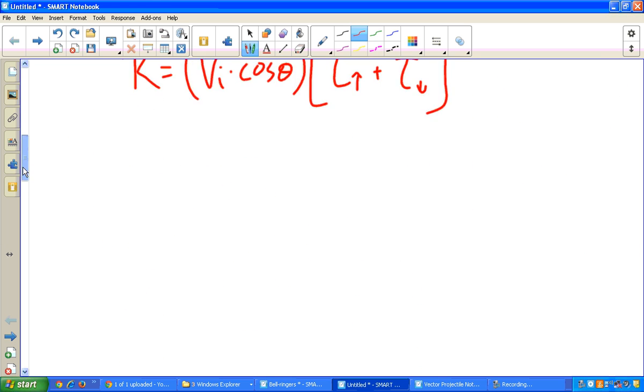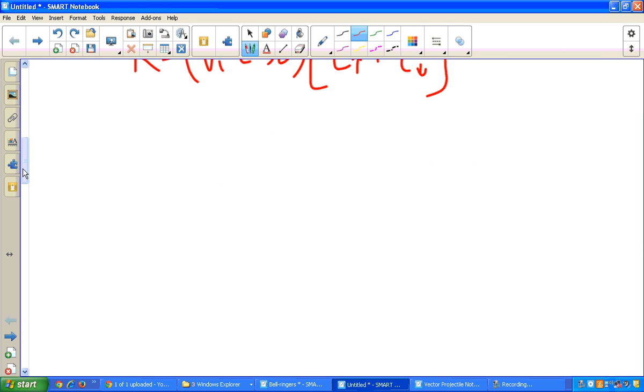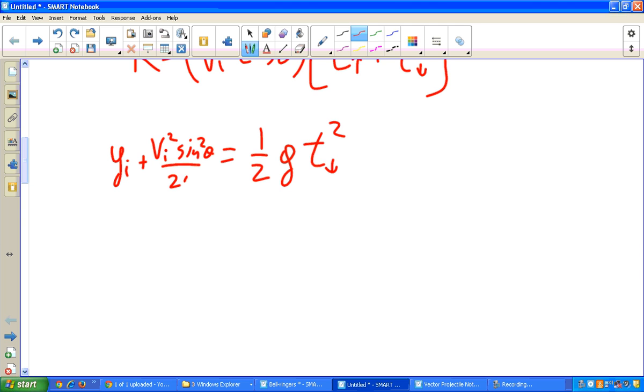So we can actually use the freefall equation to figure out how long it is going to take to fall to the ground. We're going to use the freefall equation, d equals 1/2 g t squared. I'm going to specify that as the time down squared. Also note that the distance that it falls in the vertical direction is going to be equal to the max height. So that's simply going to be y initial plus VI squared sine squared theta all over 2g.